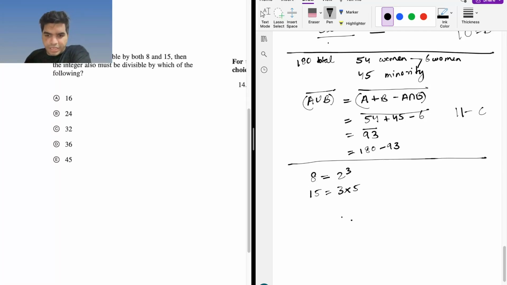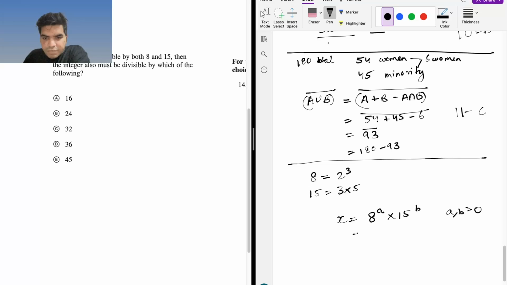So that number x can be written as 8 to the power a into 15 to the power b, where a and b are greater than 0 because they are divisible, so 0 can't be there.